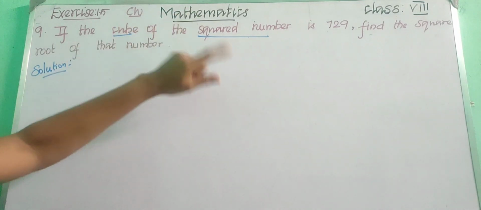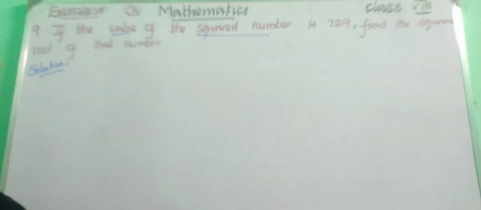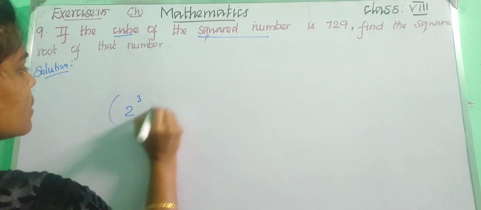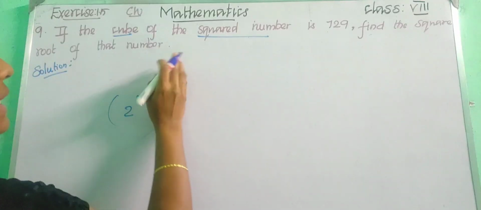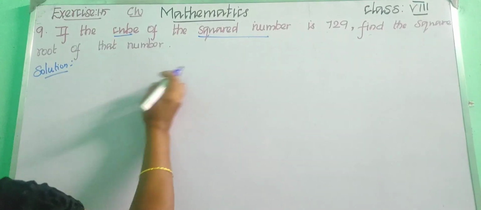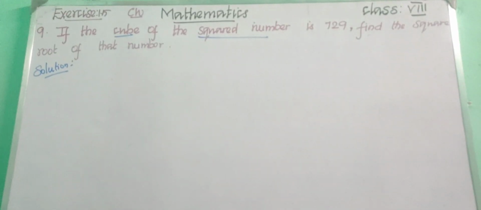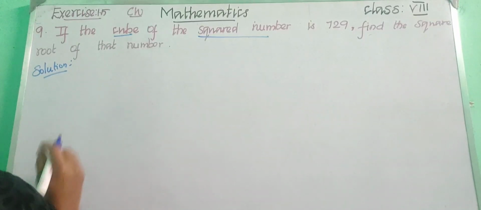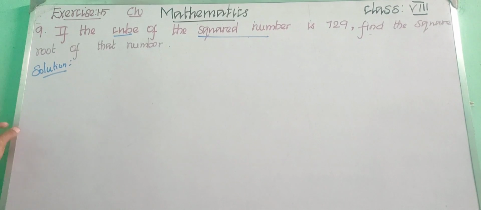The cube of the square number is 729. That is 2 cube. Now we are just doing the inverse for that. We need to find the cube root for this 729 first. Okay, let us find the cube root.